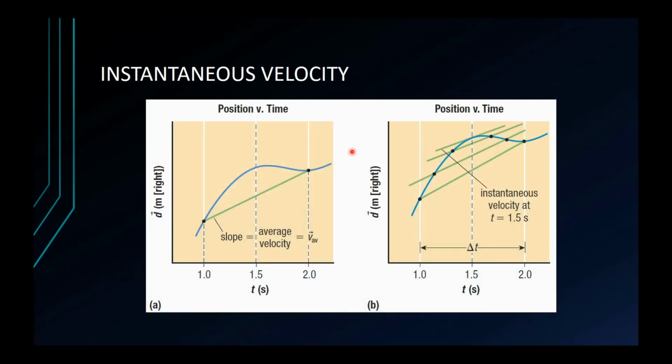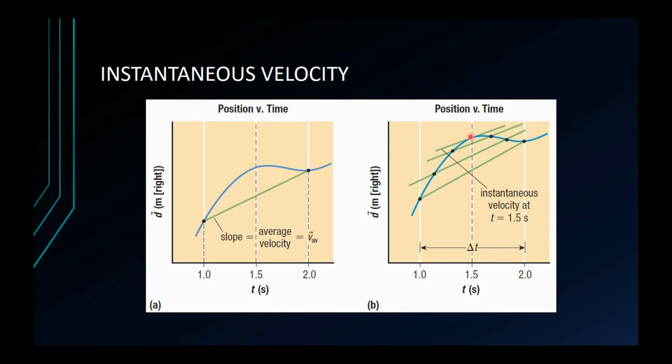Over here, the idea of the tangent. This is your secant line, right? You take 2 points and you find the slope between them. If you want to find the instantaneous velocity, not the average velocity, you do the same thing, but then you eventually get to a point where there is no second point.